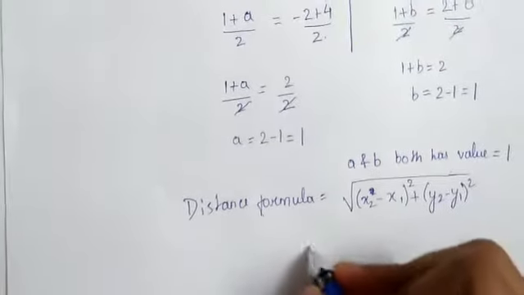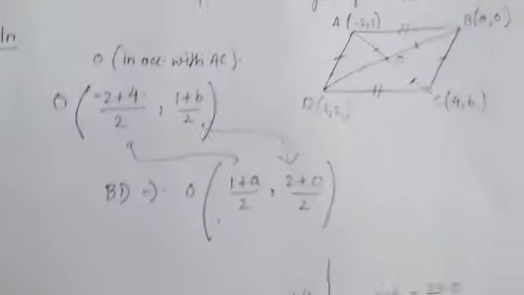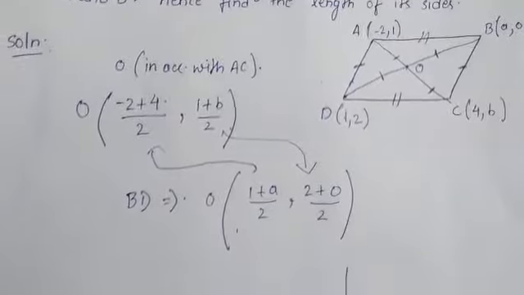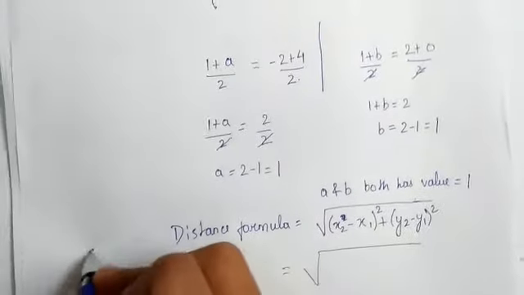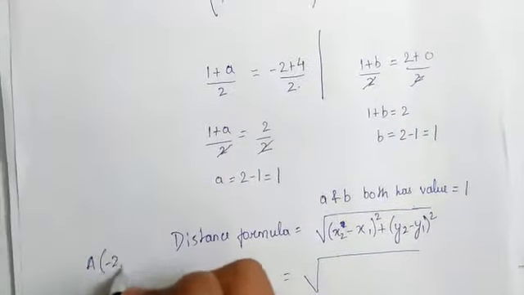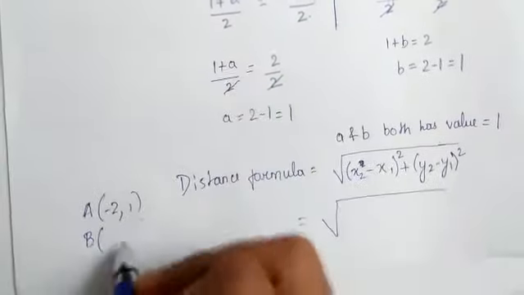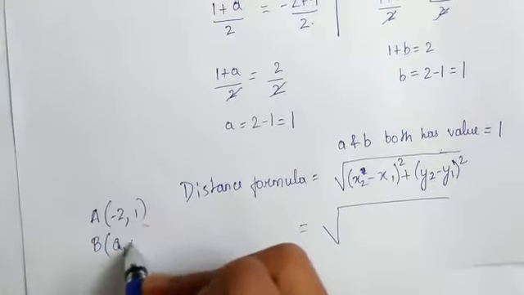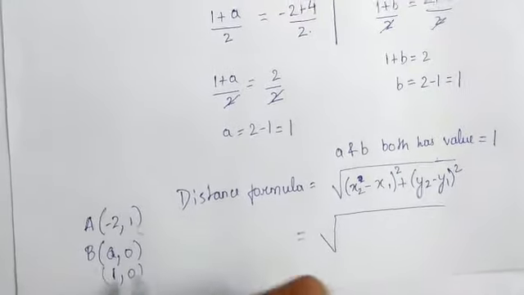So just using the coordinates, let's say we are finding it for AB, for example. A is (-2, 1) and B is (a, 0). a you have already found out, so B is (1, 0).